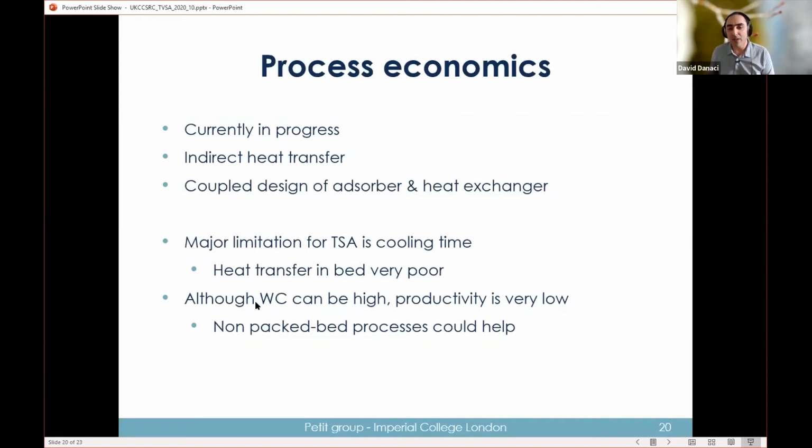So although 1 kilogram of adsorbent can capture a lot of CO2, it takes a very long time to obtain that CO2. And this is where I think non-packed bed processes, such as rotary adsorbers and monolithic adsorbers, could help with improving the productivity.